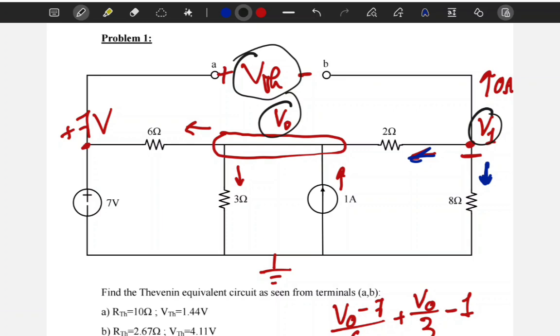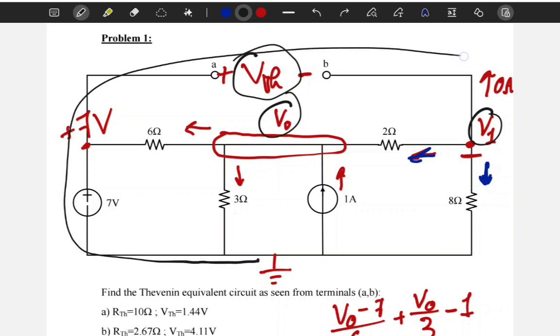One way to do this KVL is around the big loop. There is no other really direct way to do this KVL. You could do this KVL right here, but it's really going to be a lot of currents to deal with. Anyways, I'm going to do it along the big loop, like this, all around.